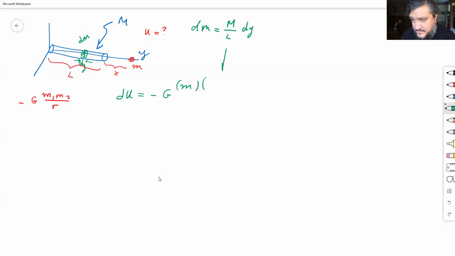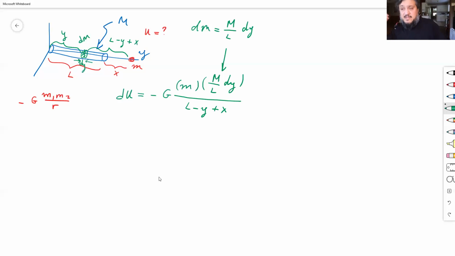So just write it here, M over L times dy. And divide this by the distance between the green infinitesimal mass and m. So we have x already, and then this part, which is L minus, okay, I need a coordinate y. Let's call this y. Therefore, this becomes L minus y plus x. So in the denominator, I'll need L minus y plus x.